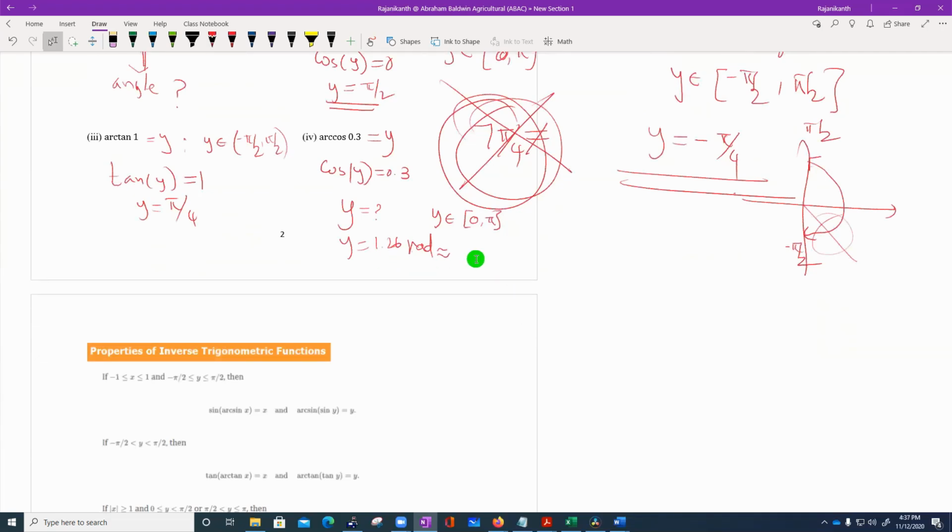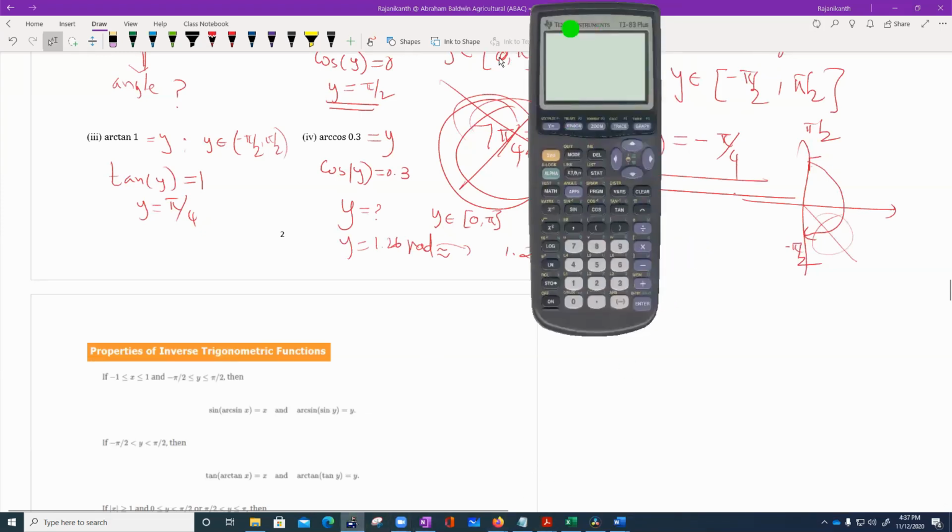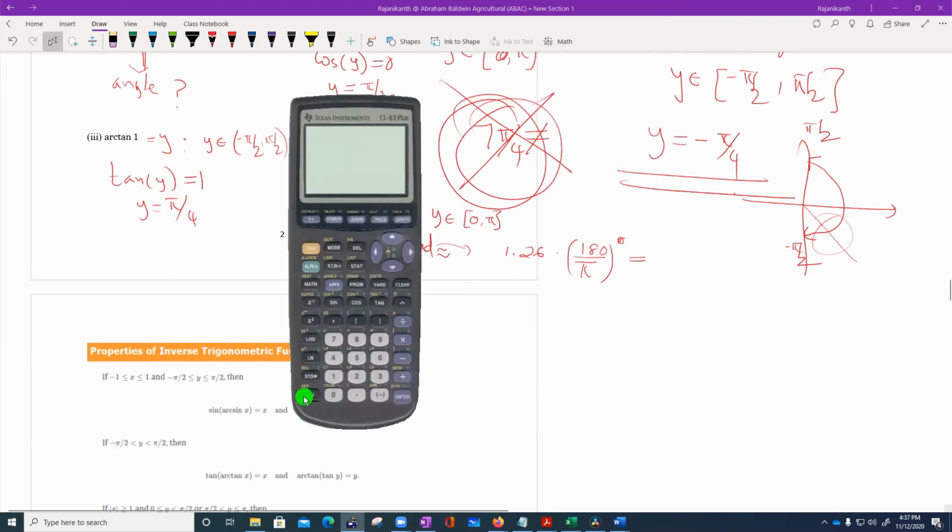Okay, now tell me, this is approximately how many degrees? 1.26 radians. How do you change radians to degrees? Simply multiply the radian answer by 180 over pi. Okay, so I'm using the calculator now. 1.26 multiplied by 180 divided by pi.